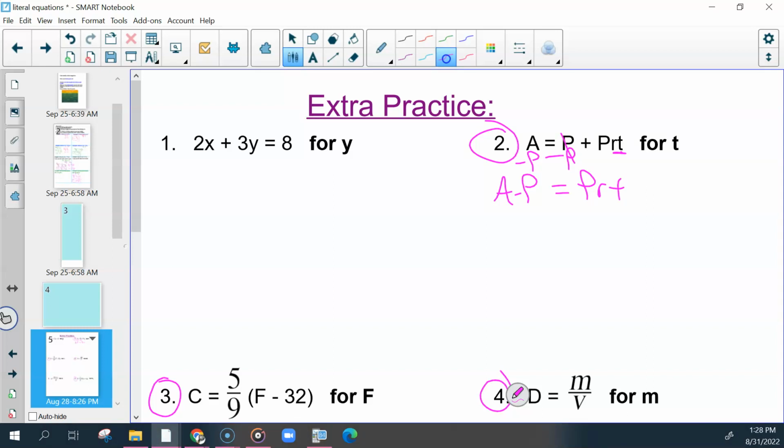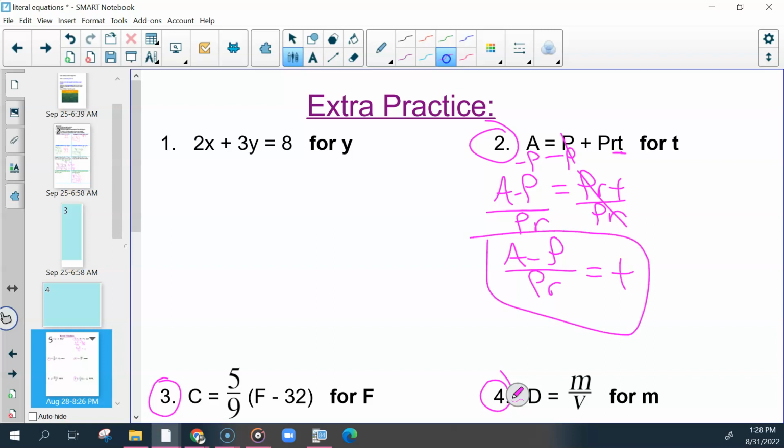What's nice about problems like this, anytime you are multiplying a bunch of things together, you can divide everything else at the same time. So A minus P all over PR would equal T.